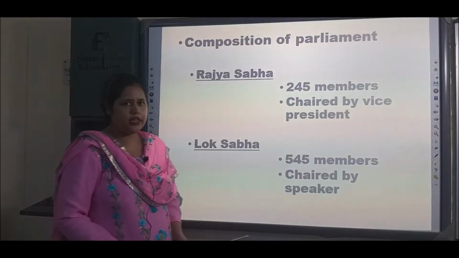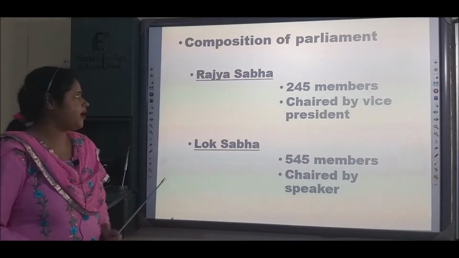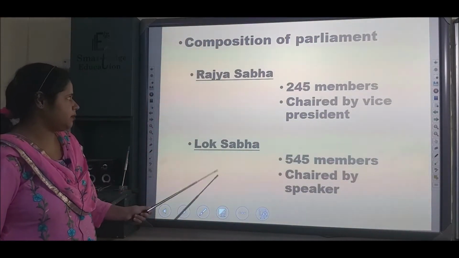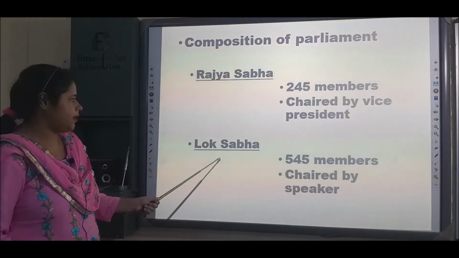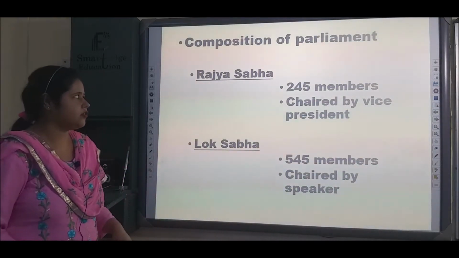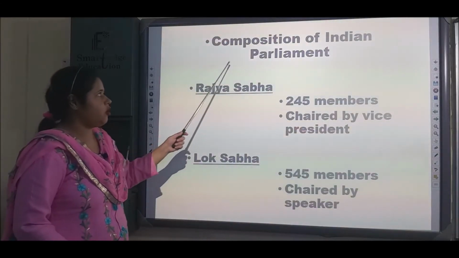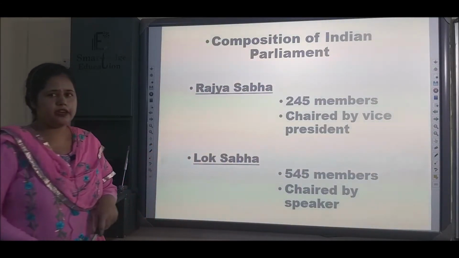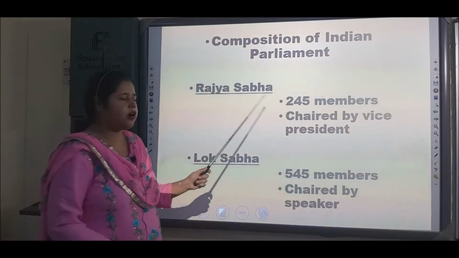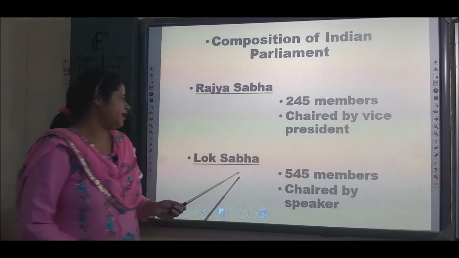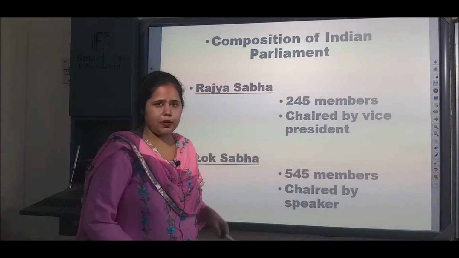Now we see the composition of parliament. Parliament consists of two parts, Rajya Sabha and Lok Sabha. Rajya Sabha is also called the upper house and Lok Sabha is called the lower house. How many members are there in Lok Sabha and Rajya Sabha?